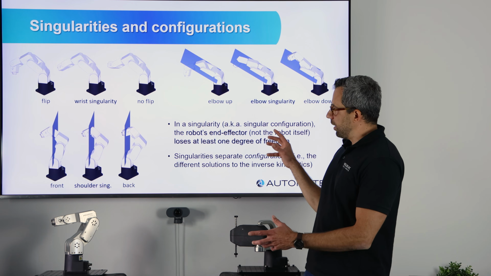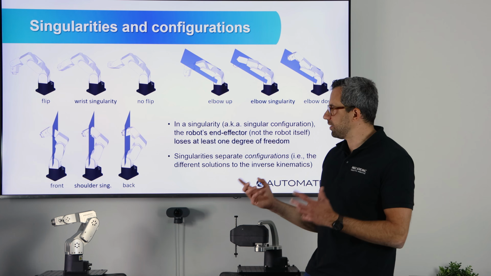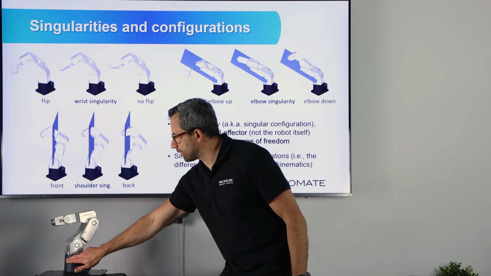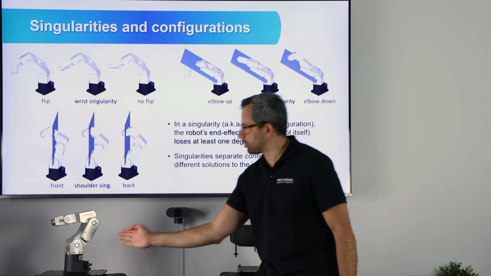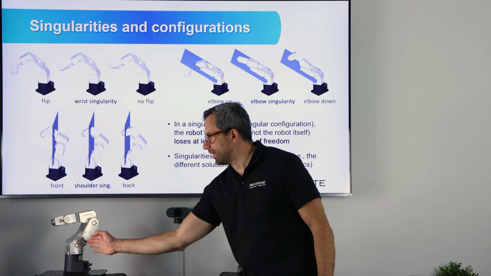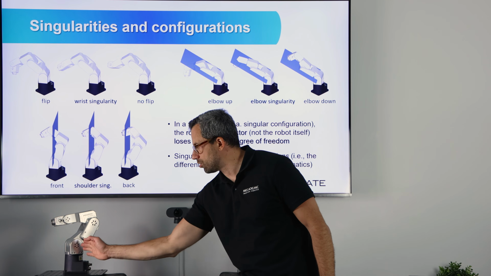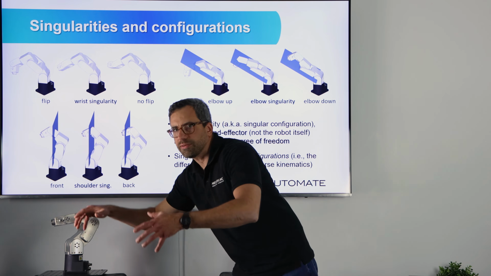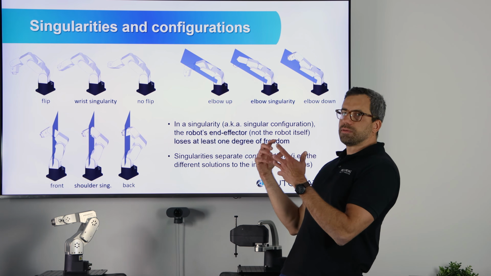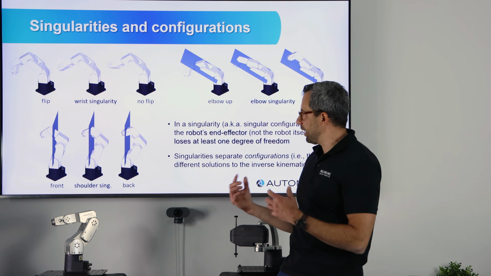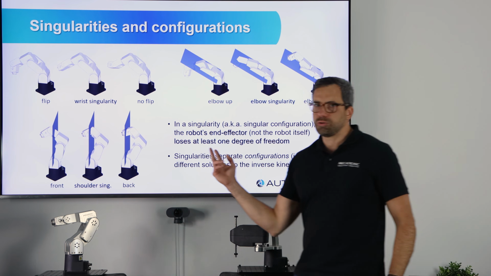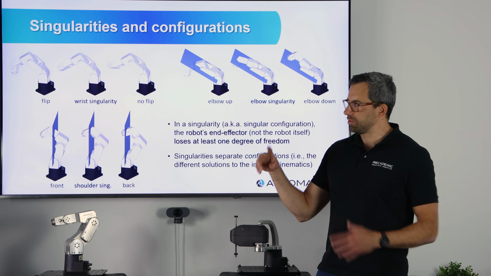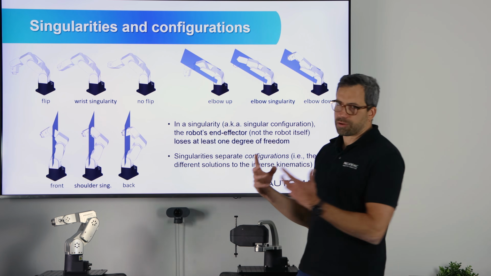So if we call front and back, but it's not with respect to the base of the robot, it's with respect to this kind of plane that passes through joint 1 and joint 2. So if the center of the wrist is in front of this plane or rear of this plane, we have the other 2 possibilities. So this is the 3rd configuration parameter.